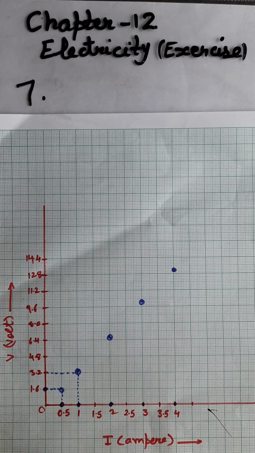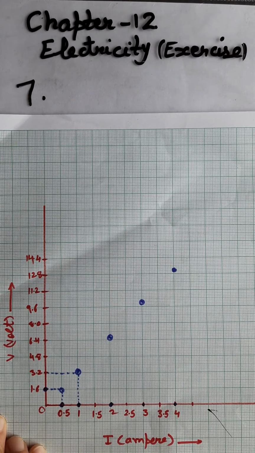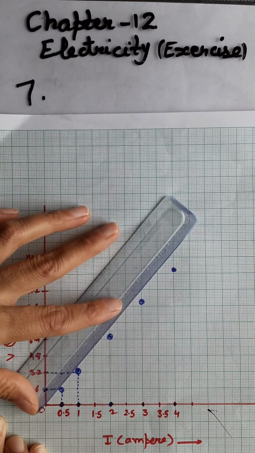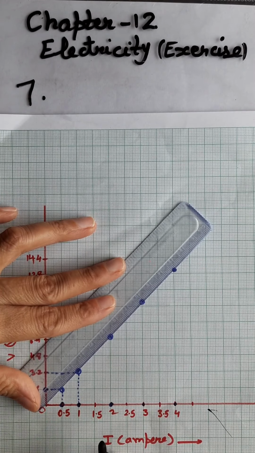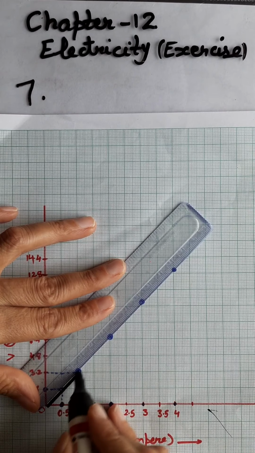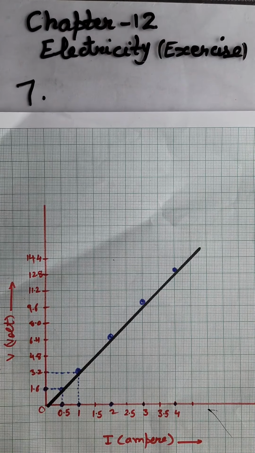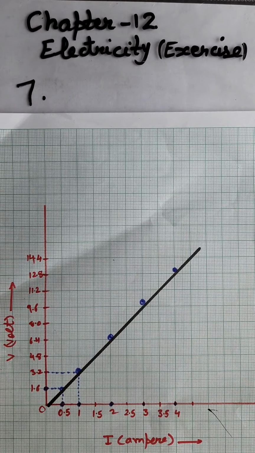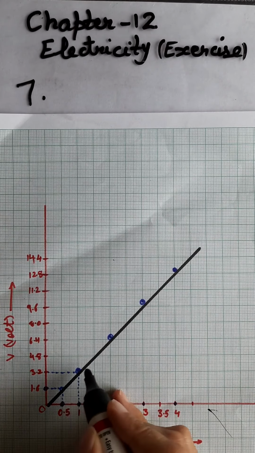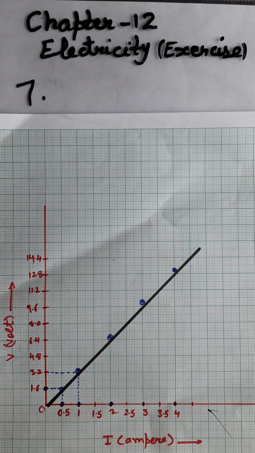Then we'll plot a graph. You all know how to plot a graph by taking the values, and then we'll join all the points. Then we will get a straight line graph by plotting and joining these points.